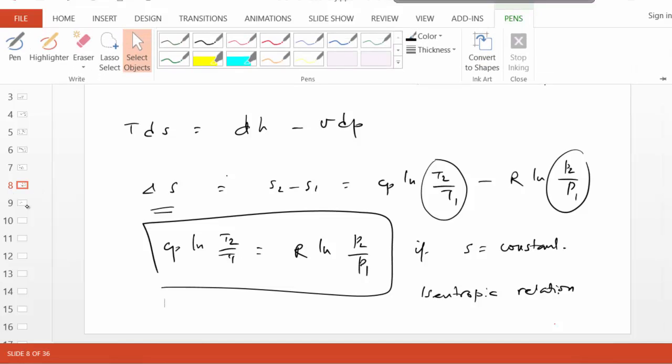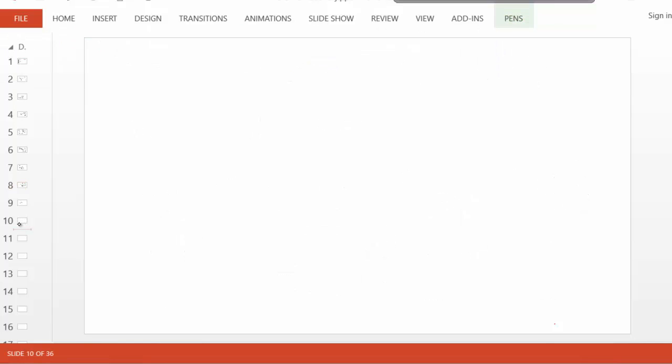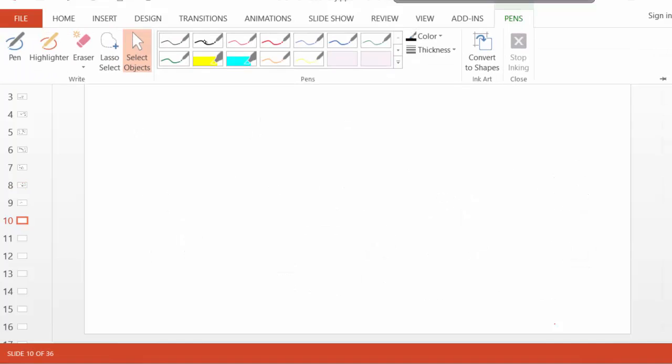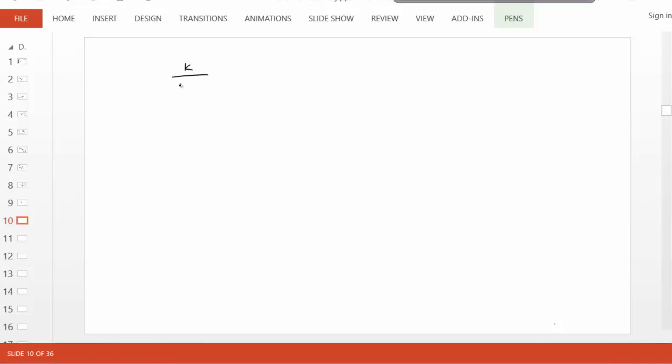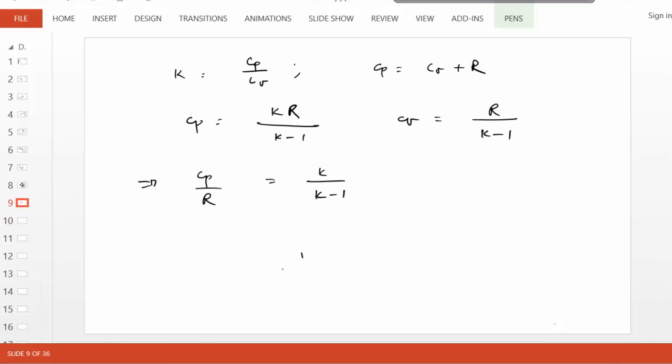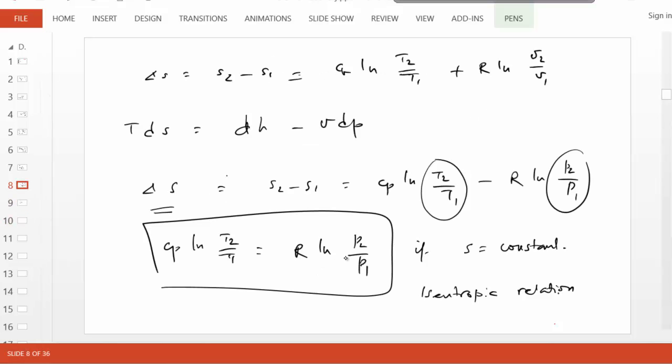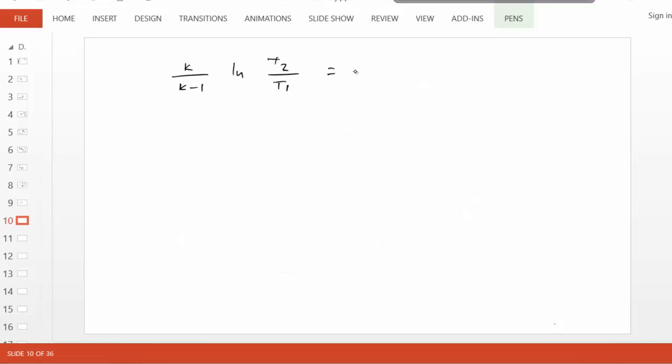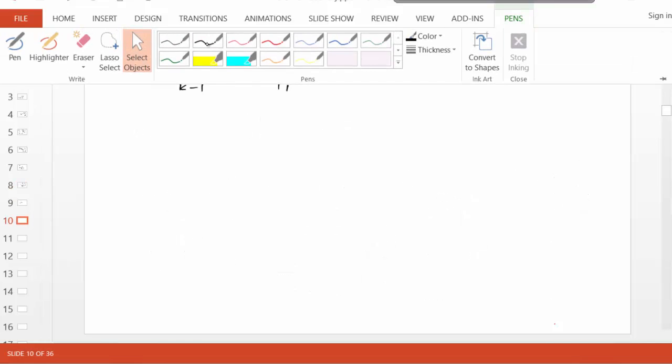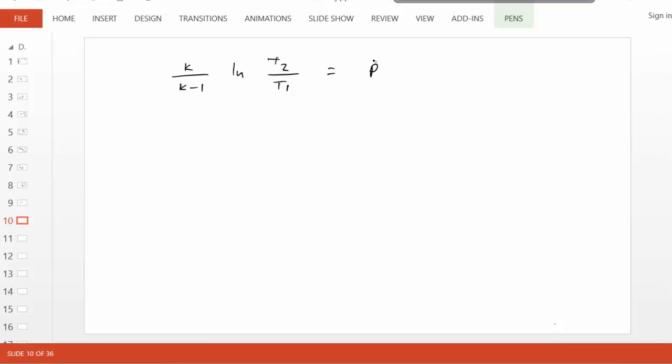K divided by K minus 1, ln T2 over T1 equals ln P2 over P1. R we have absorbed.